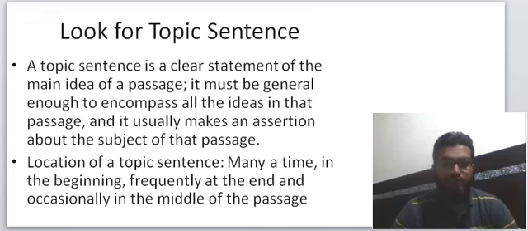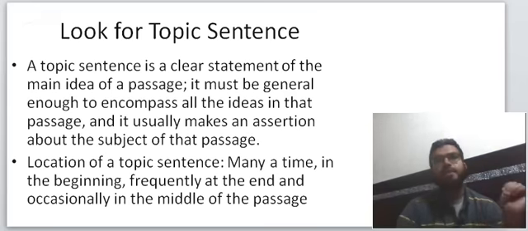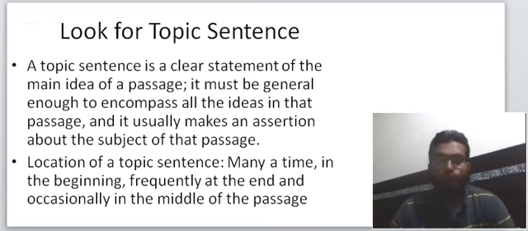Now the question remains, which might occur to you, where should we find a topic sentence? Technically there is no fixed rule about it.